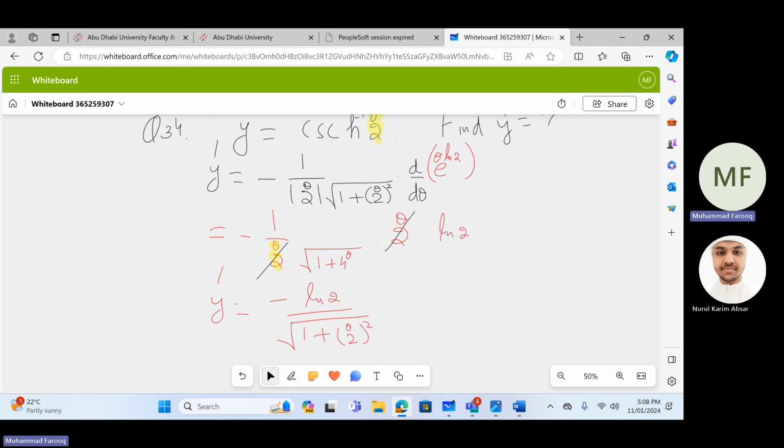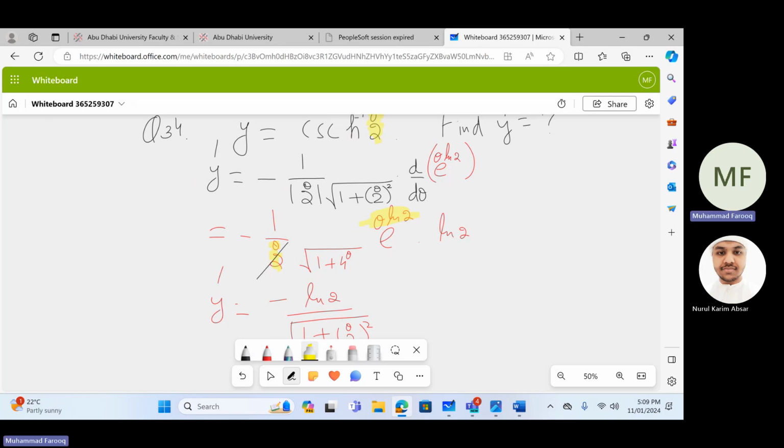Can you repeat why we don't need anything? Oh, please. The derivative of base E is the same function copied. E power theta, then multiply by the derivative of the power. ln 2 is a constant, E stays as it is, and the derivative of theta is 1.